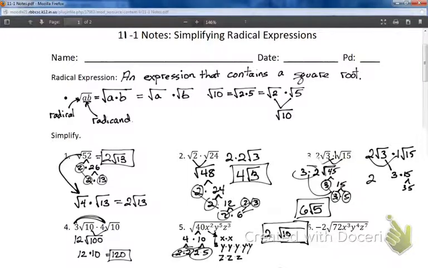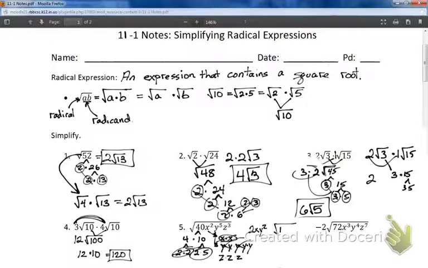What happens here is you're again taking out pairs. X squared, there's a pair of x's, so an x comes out. Y to the 5th has 2 pairs of y's, so 2 y's come out, and you're going to write this as, I'm going to need much more room here for my answer. So you're going to write that as y squared, because 2 y's came out of the radical.